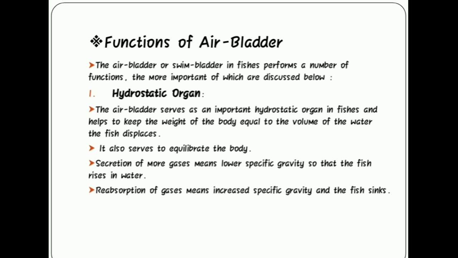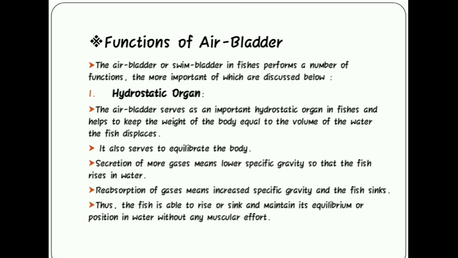Thus, the fish is able to rise or sink and maintain its equilibrium or position in water without any muscular effort. This process is maintained by the hydrostatic organ, the air bladder.